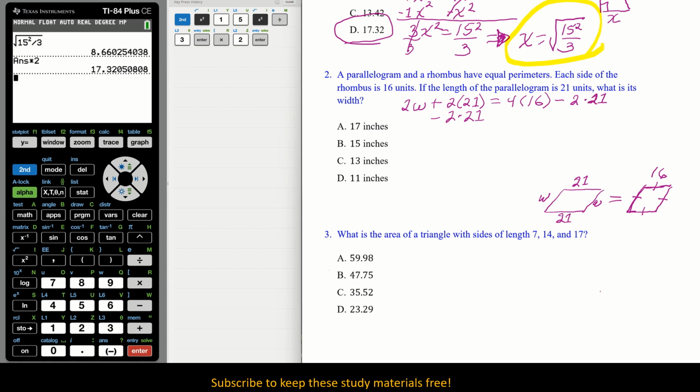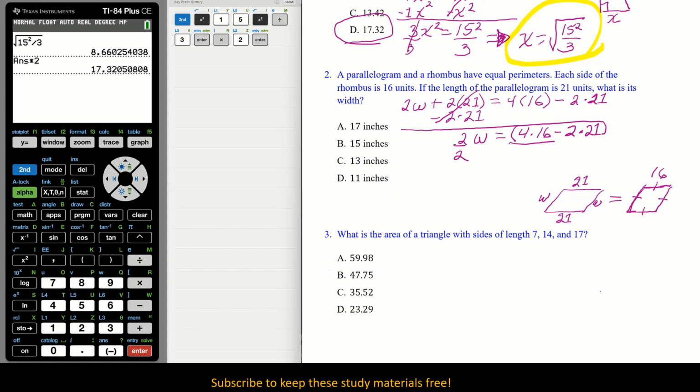This cancels. Now I'll go ahead and rewrite this whole thing because I want you to see how we're going to put this in the calculator. So we will have 2w equals 4 times 16 minus 2 times 21.